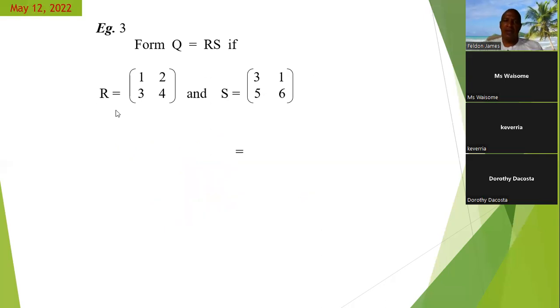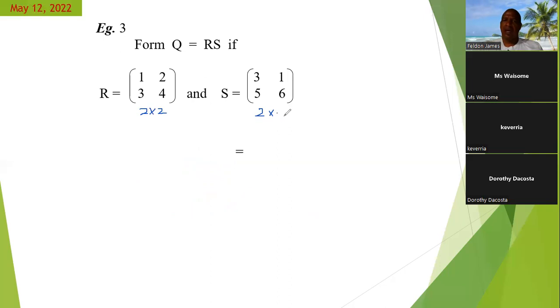So here now, the question now, can we multiply the matrix R with the matrix S? Yes. Right, because when we do that check, we know that this is a 2 by 2. This is also a 2 by 2.